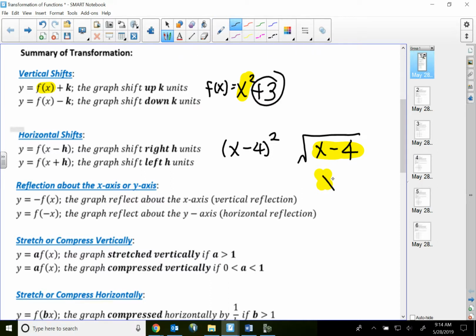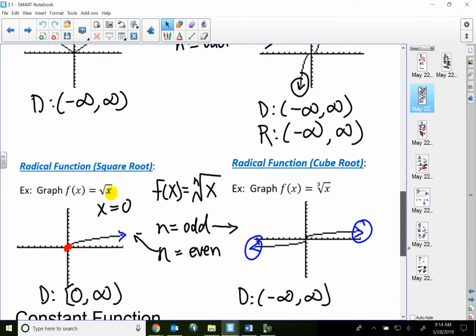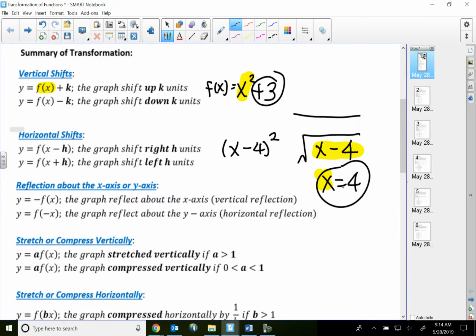That means this function has shifted to the right 4 places, because my original graph for the square root starts at 0, 0. Now I shifted to the right 4 places just by having this h inside my function, whether inside my x squared, my absolute value, the square root or cube root. Plus h would mean shifting to the left so many units.